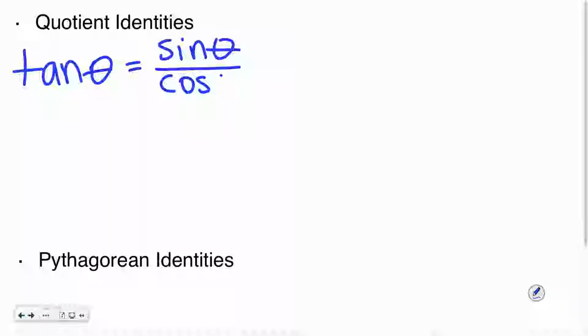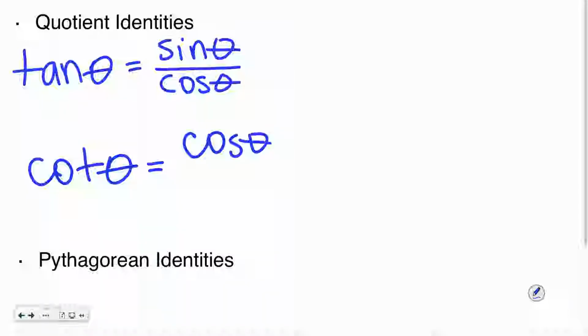From the unit circle, we took y over x, right? But the y represented sine and the x represented cosine. So this can be applied to any angle. The tangent of theta equals sine over cosine. I said there were 2. What would the cotangent ratio be? Cosine over sine. These are very handy.